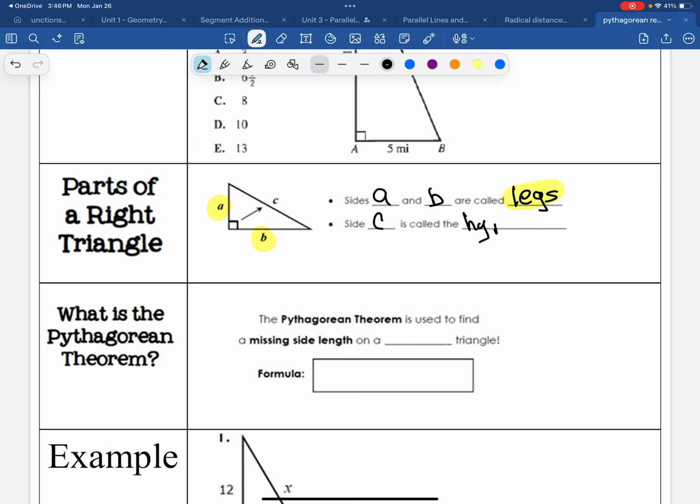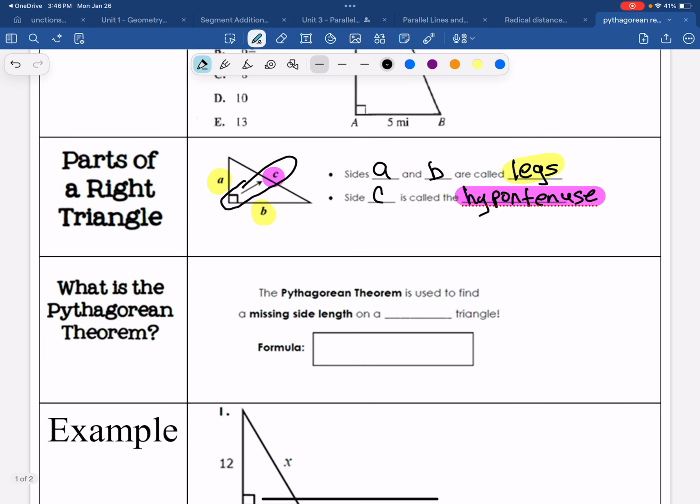Hypotenuse. That is the most important side of the right triangle. And if you'll notice, it is directly across from the right angle. That is where the hypotenuse is.